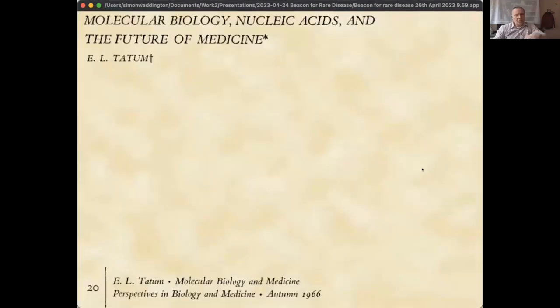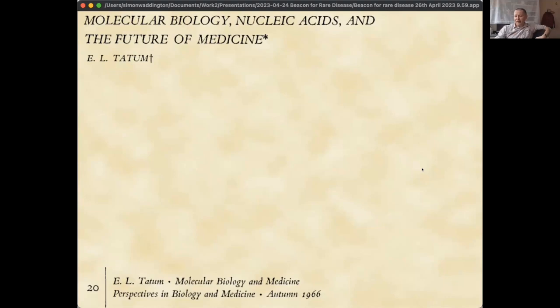I just want to show an interesting paper that came out in 1966. This is less than 15 years after the discovery that DNA was the genetic material, and less than 15 years after Watson and Crick and Franklin discovered the DNA double helix.